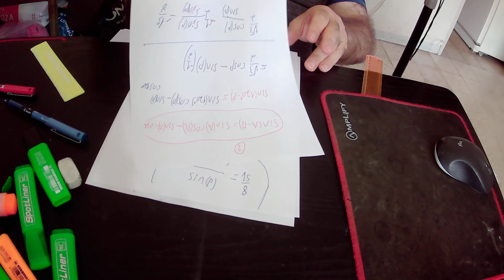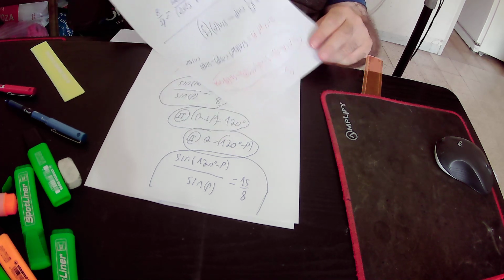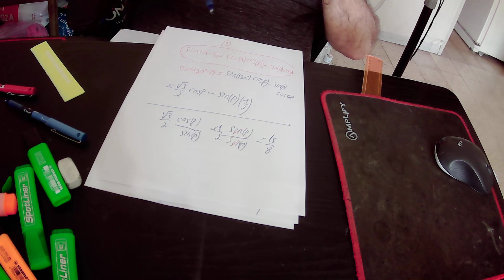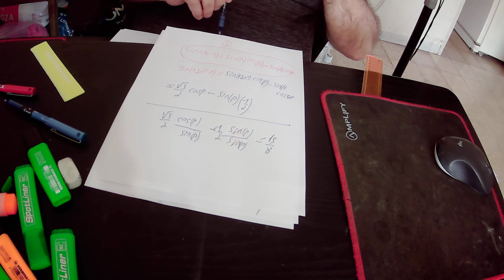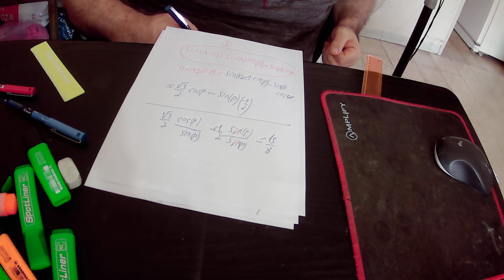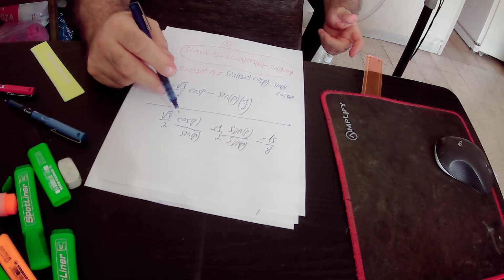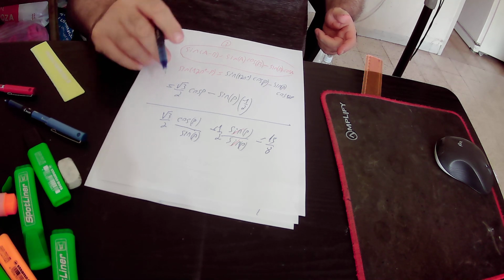Okay. So we got this equality after we substituted sine 120 degrees minus p by this expression. So here we have cosine p over sine p, which is actually cotangent p.